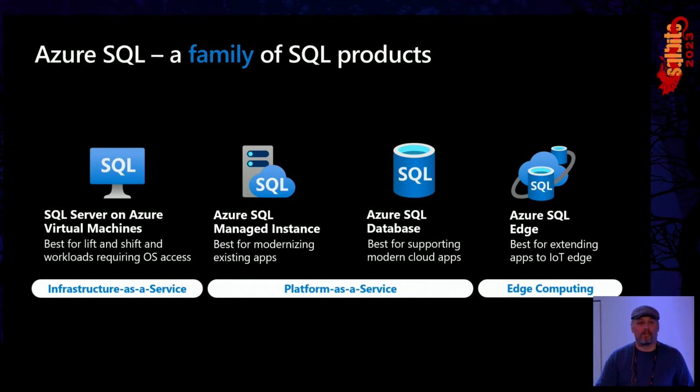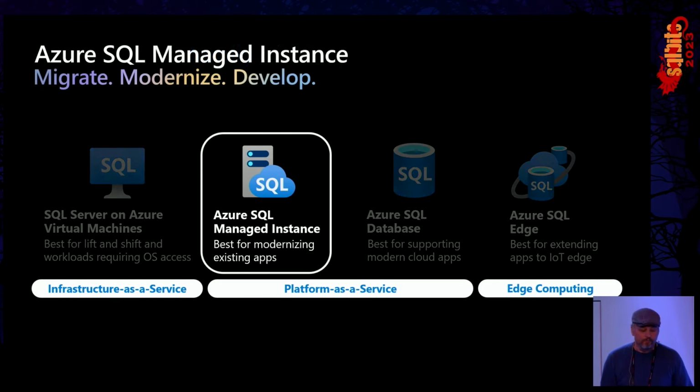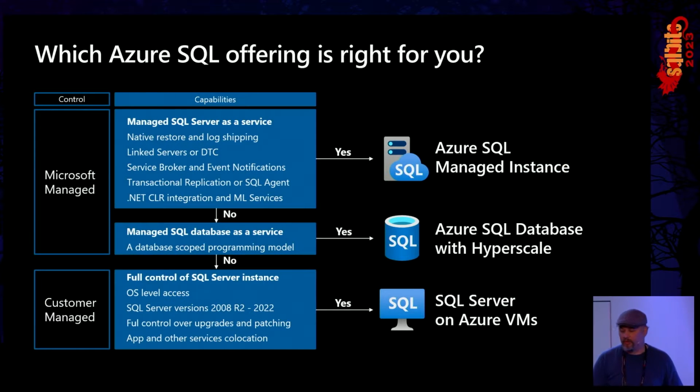And especially if you are going for over 100 terabytes. And then our offer, Azure SQL Managed Instance. It's best for modernizing existing applications. So if you have a SQL Server you want to migrate to PaaS, this is what our offer does in the middle of all other wonderful offers.